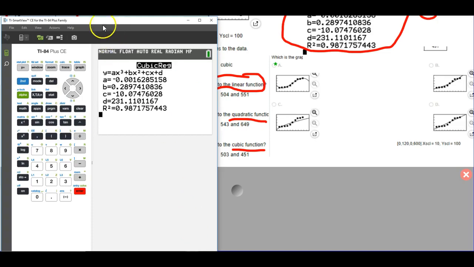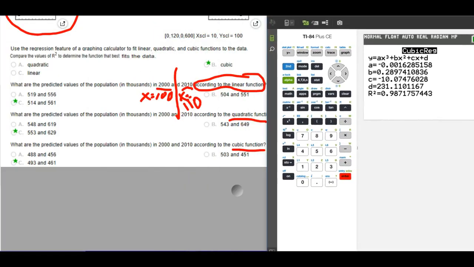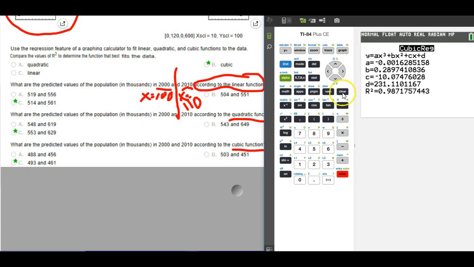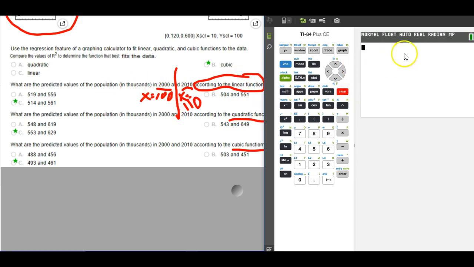And so, in order to do that, I'm going to clear, and I'm still out on my home screen. I'm not in Y equal.